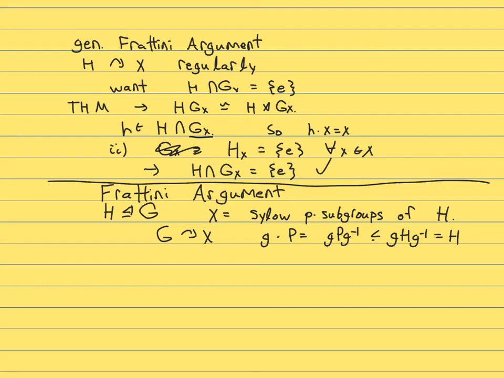That is worth pointing out, because if I let X be a bunch of subgroups of H and I act by a larger group by conjugation, there isn't a guarantee that conjugating subgroups of H by elements in G gives another subgroup in H. That's only true because of normality.